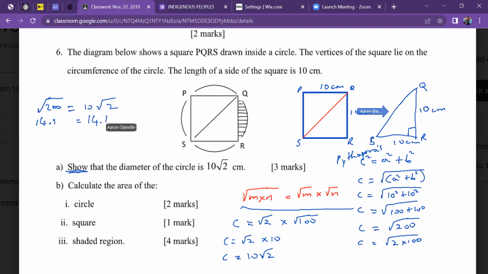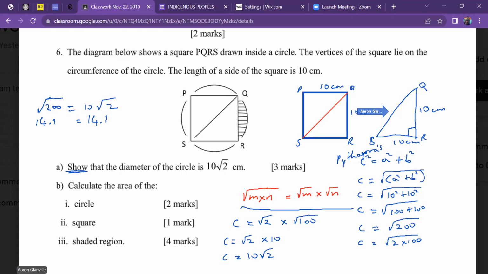So if these two are the same, since the square root of 200 is equal to 14.1, and 10 root 2 is equal to 14.1, then the square root of 200 is equal to 10 root 2. You can say that.